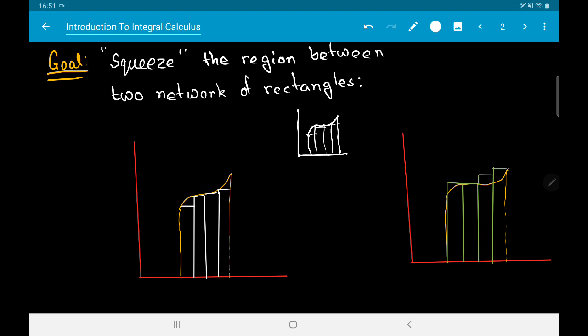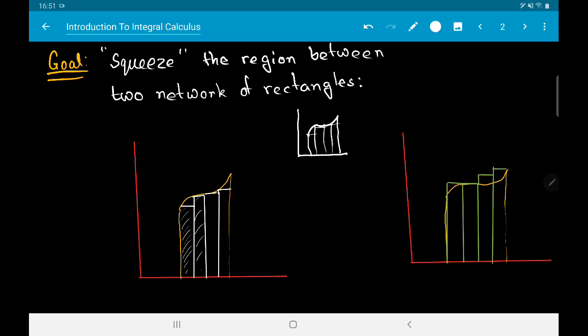Note that by our first axiom we know the area of these rectangles. By the third axiom, we can compute the sum of the areas of all the rectangles, and in turn we can determine the area of the network of these rectangles.